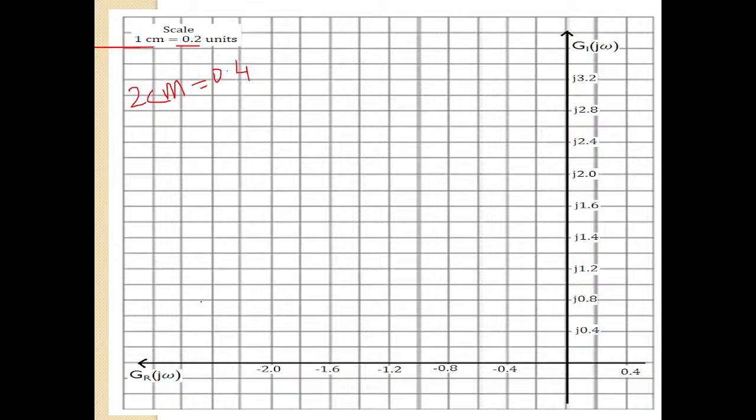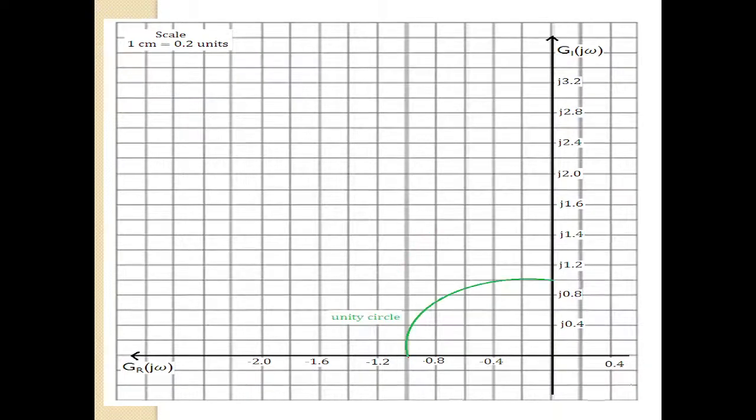You have to take uniform scale for both real axis and imaginary axis. Based on the values that you have got in the table, all the imaginary values are positive and all the real values are negative, so your plot you will get in the second quadrant. Okay, draw the unity circle wherever 1 is there.